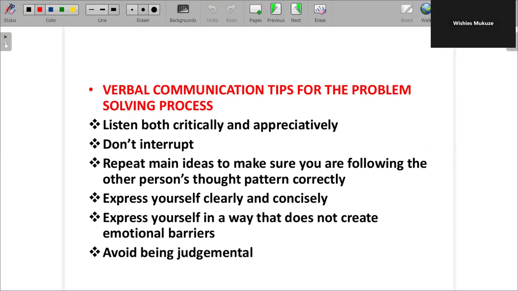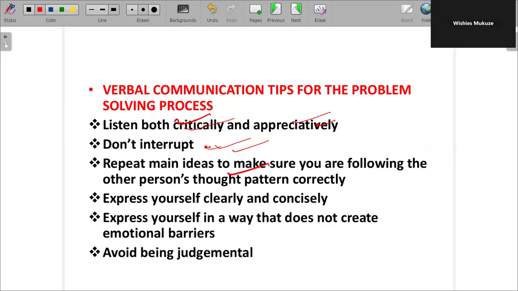For example, you are supposed to listen both critically and appreciatively, and you are not supposed to interrupt the person who is talking, the sender, right? Repeat main ideas to make sure that you are following the other person's thoughts.